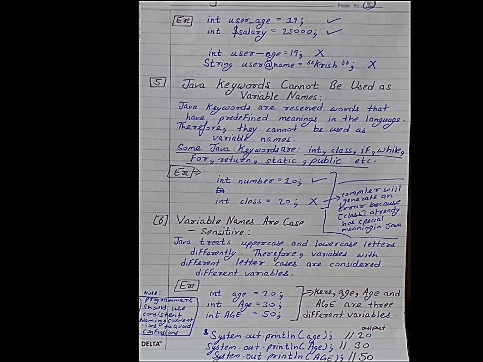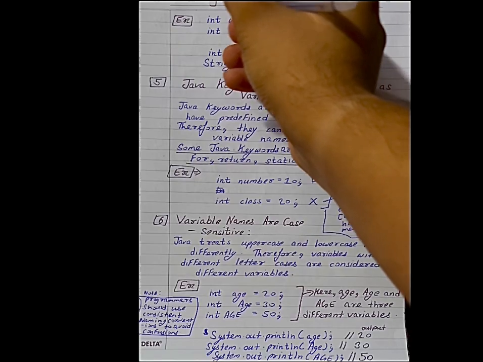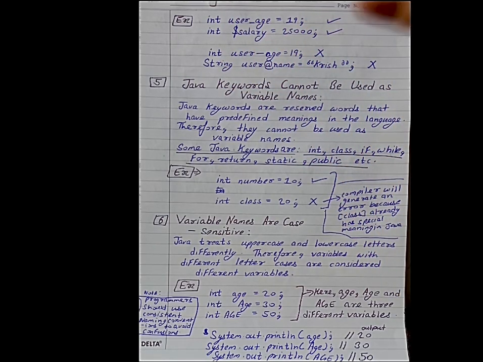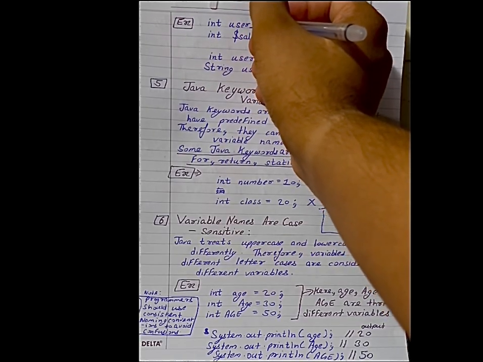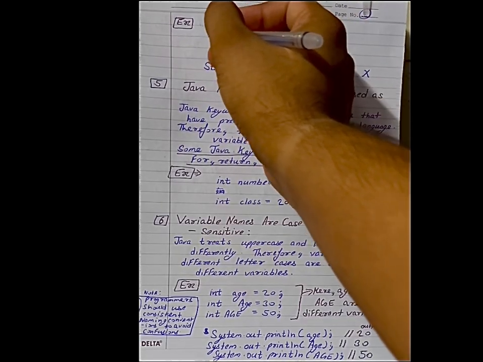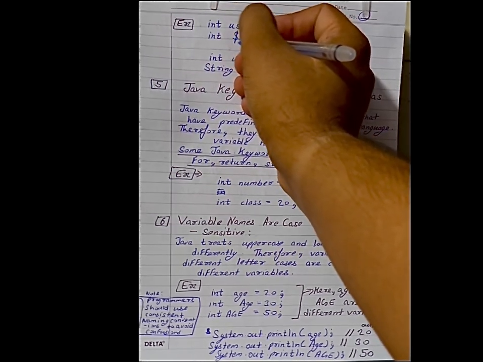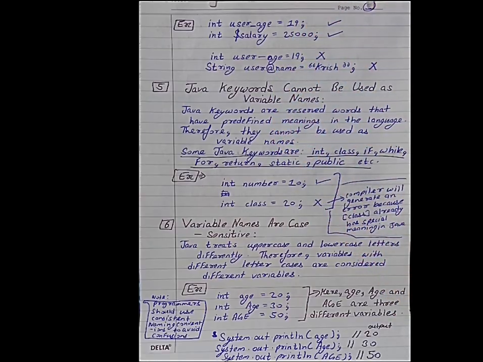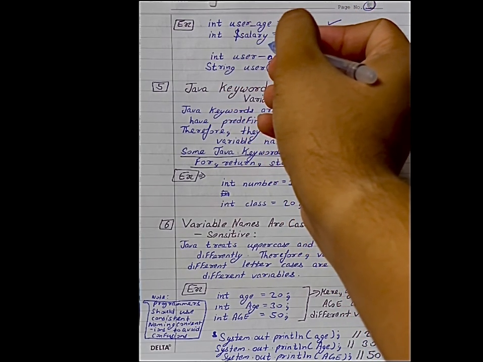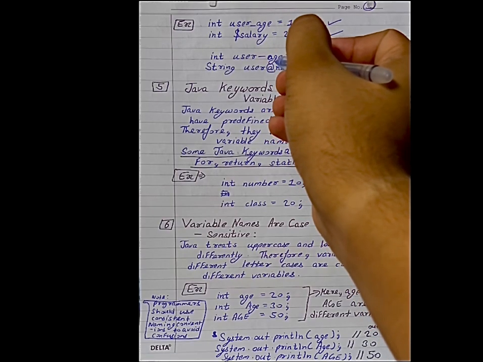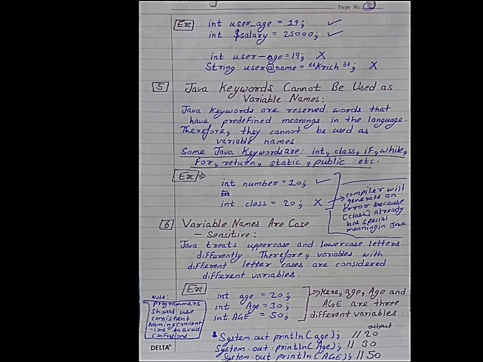In this example, int user_age equals 19 is correct because here we used underscore, and this is also valid because here we used the dollar symbol. But if we use this symbol or this symbol, at the rate, then there will be an error, or that will be invalid.